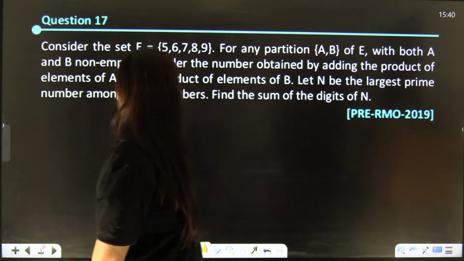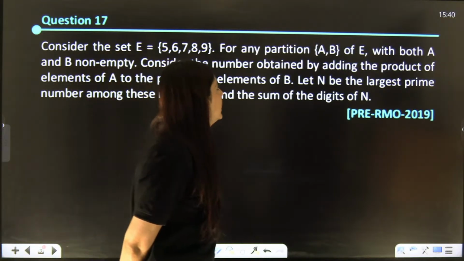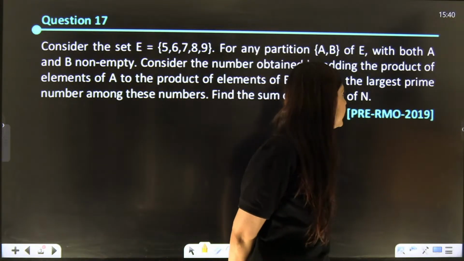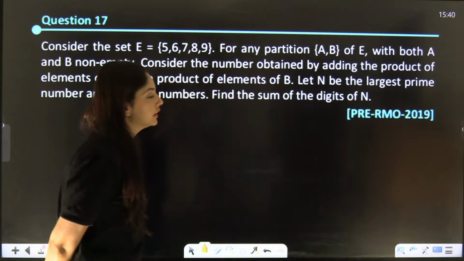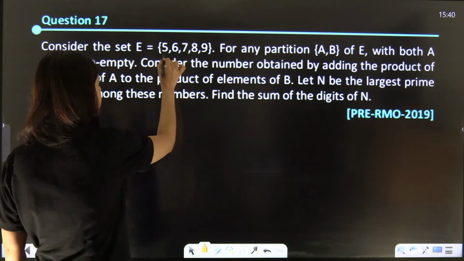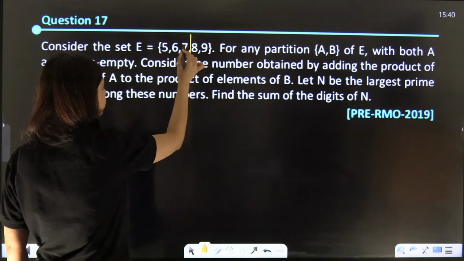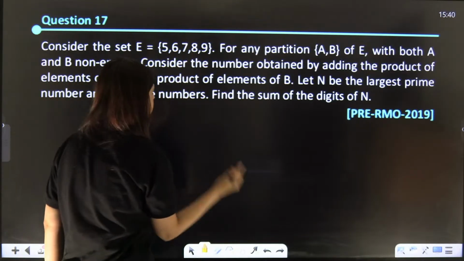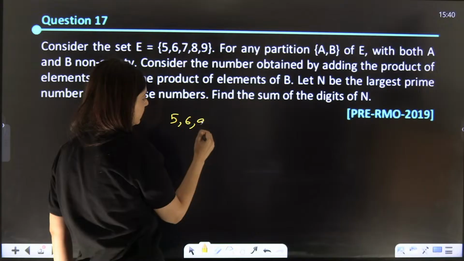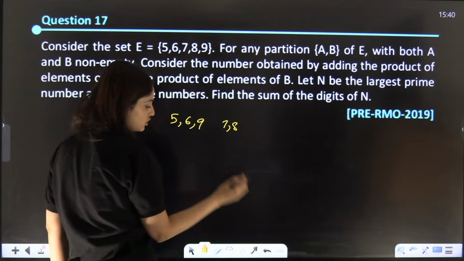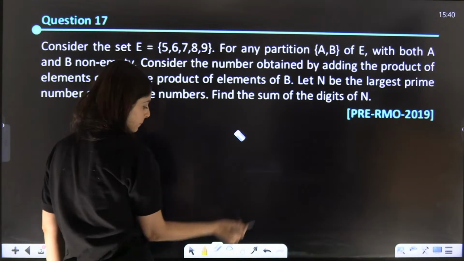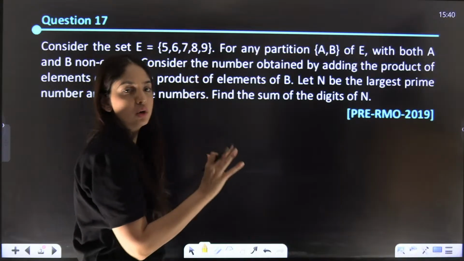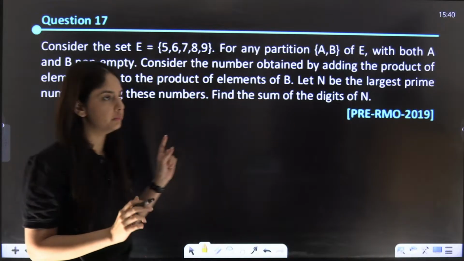Okay, so we have a set 5, 6, 7, 8, 9. For any partition A, B of this set, that means we are partitioning this set maybe like this or like this or maybe 5, 6, 9 and 7, 8. So like this we can partition our set into two sets such that A and B are non-empty.